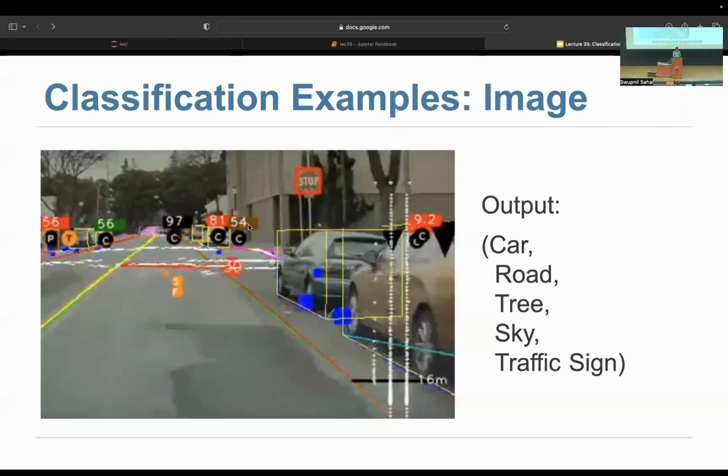So this is the distance to the car. This is in meters. So we're outputting two things here. This is really common too. You can have algorithms that have multiple predictions, doing both regression and classification. This is a really important problem because I need to know not just what type of car it is, but how far away it is from me, how fast is it moving, right? These are all really important things.